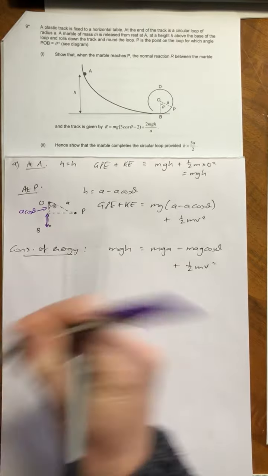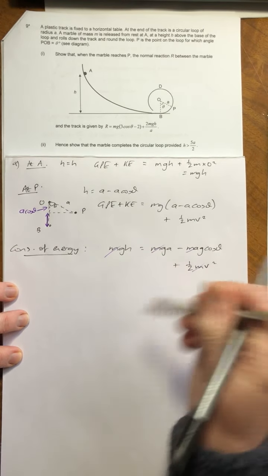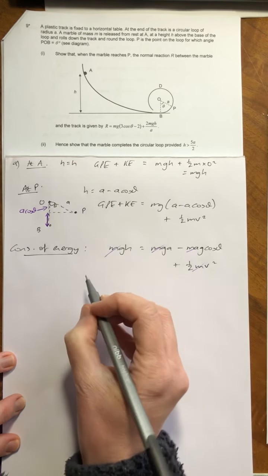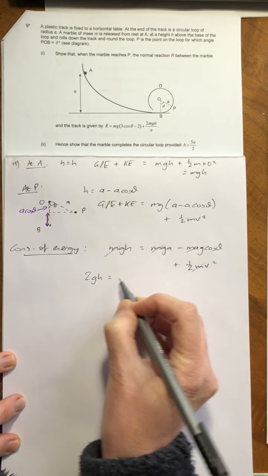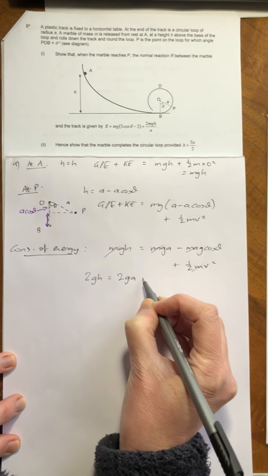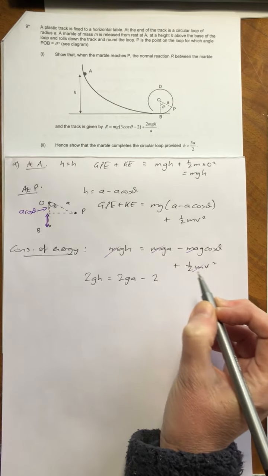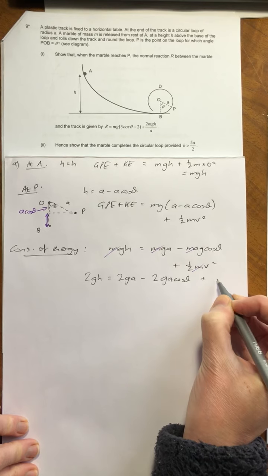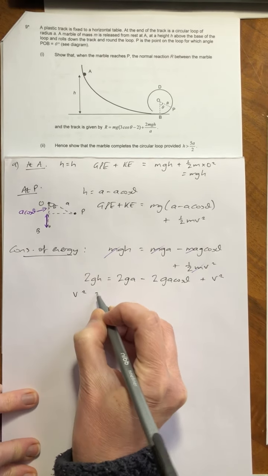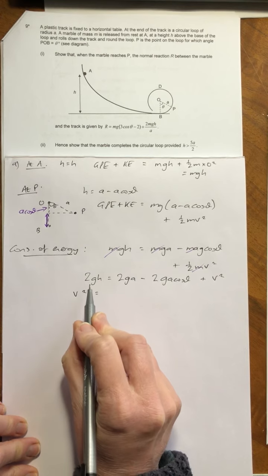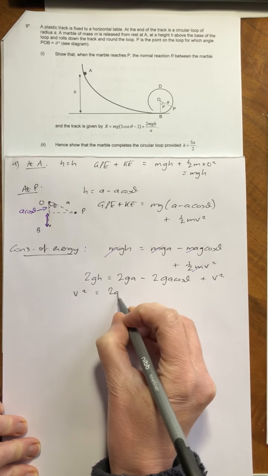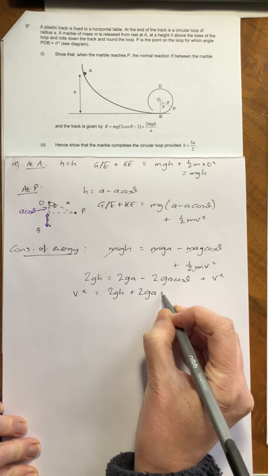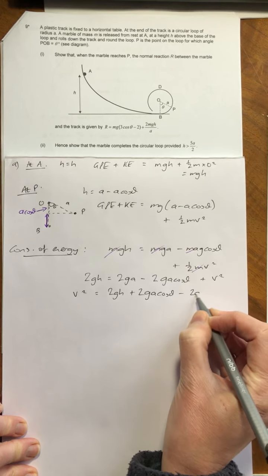And we're used to this by now. The m's all cancel. I'm going to make v squared the subject. I'm going to multiply everything by 2. So actually, I'm going to do that in stages. Minus 2ga cos theta plus v squared. So v squared, I've got 2gh. That, of course, is going to be plus when I take it onto that side. And I've got minus 2ga.